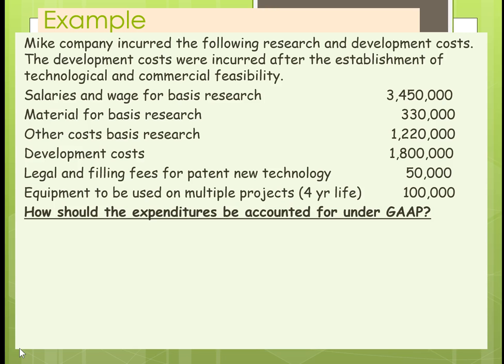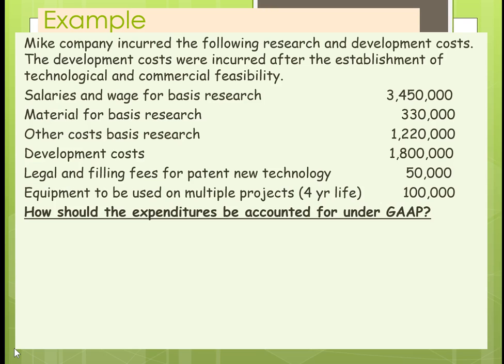All right, my company incurred the following research and development costs. We have salaries and wages, materials for basic research, other costs for basic research, development costs, legal and filing fees for the patent, and equipment to use on multiple products. So, here's something we do know. We know that the first three items, we would probably just expense those under IGAP and the International Standard.